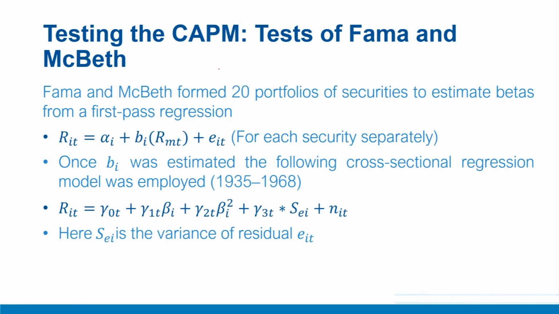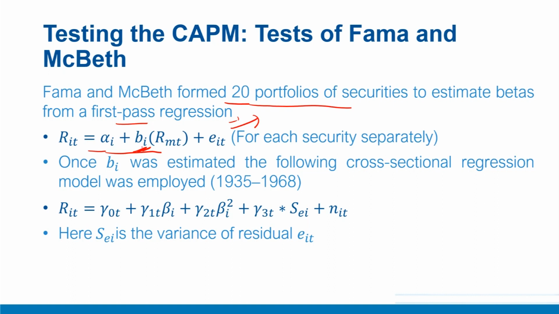In these tests, they formed 20 portfolios of securities and estimated betas of these portfolios through first pass regression. The reason is that often single security beta estimates are noisy and vitiate the estimation by mixing with other terms. So portfolio betas are very sharp and less noisy. Errors and noise are very small. So they started with this first pass model, the time series model, where for each portfolio i, betas or beta_i were estimated for each security portfolio separately, conducting monthly time series regressions.